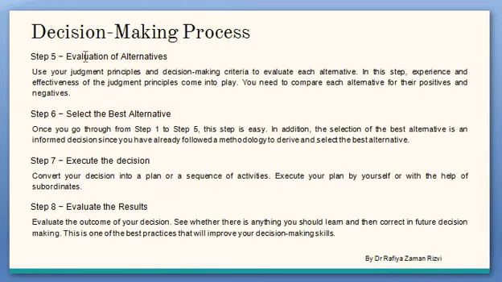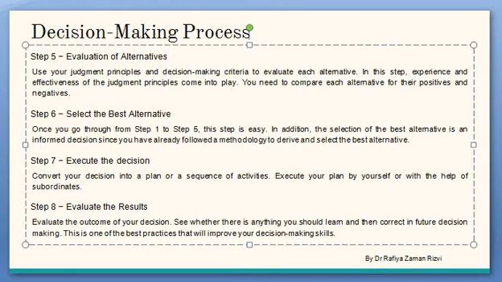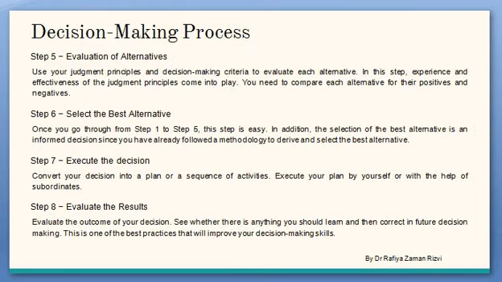Fifth step is evaluation of alternatives. Evaluation of alternatives means once we have developed the alternatives after brainstorming and everything, we know what are the alternative choices that we have. So we evaluate them, which one is best suited and which one is not. Use your judgment principles and decision making criteria to evaluate each alternative.